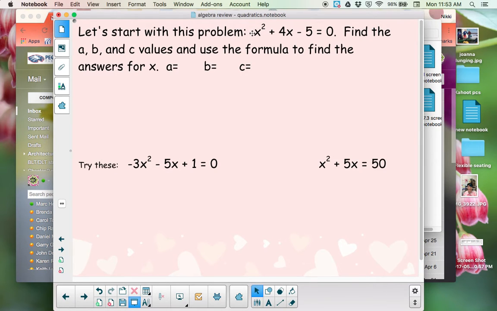Well, it's not 0 because otherwise it wouldn't be there. The number that's next to the x squared there would be a 1. It'd be 1x squared, so our a value is 1. Our b value is the number that's next to the plain x, so that would be a positive 4. And then our c value is our plain number, the one that's not next to any variable, and that would be a negative 5.